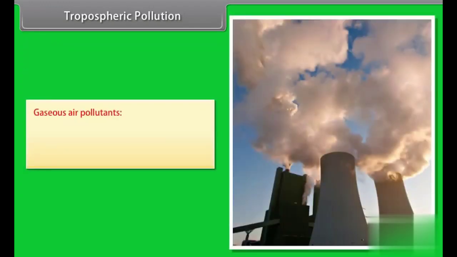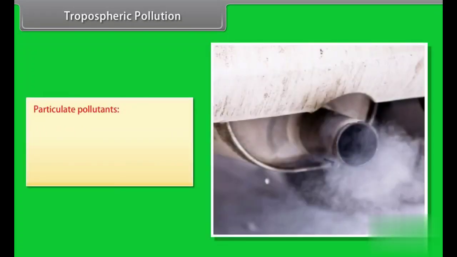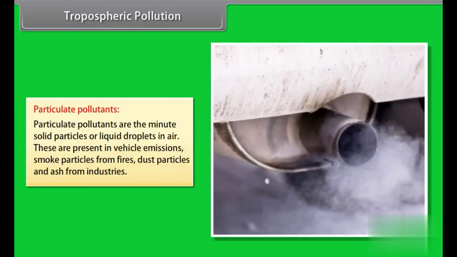Gaseous air pollutants are oxides of sulfur, nitrogen and carbon, hydrogen sulfide, hydrocarbons, ozone and other oxidants. Particulate pollutants are the minute solid particles or liquid droplets in air. These are present in vehicle emissions, smoke particles from fires, dust particles and ash from industries.